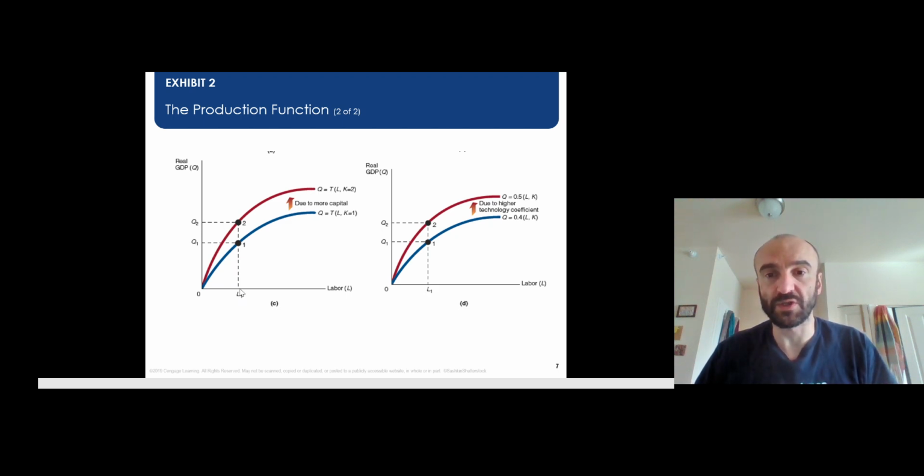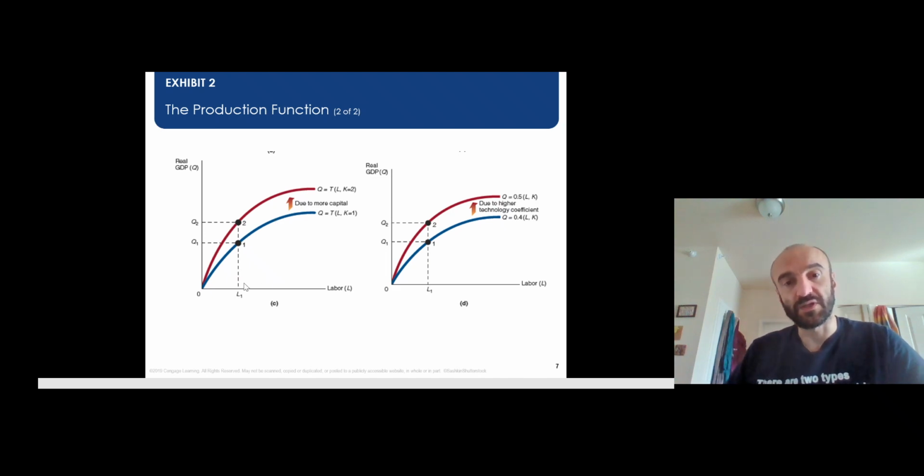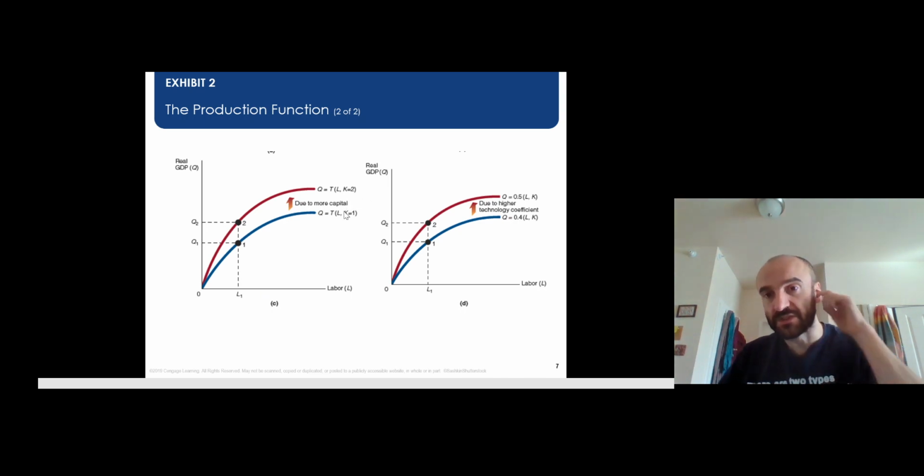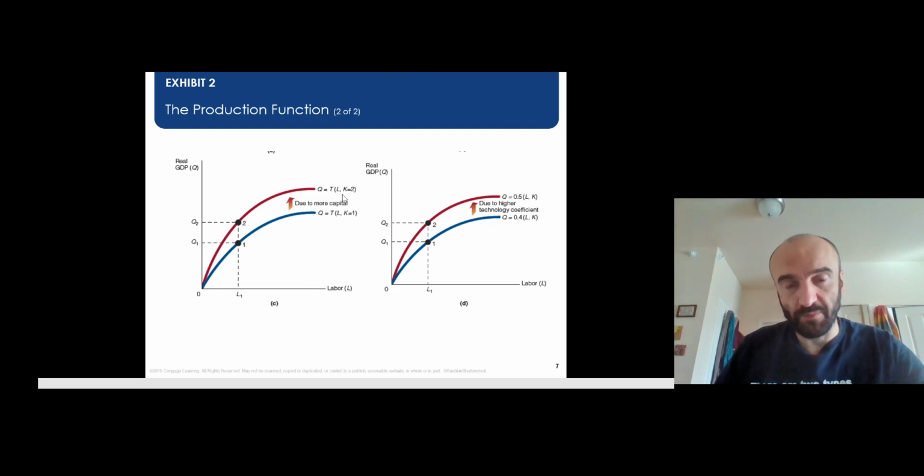So then if you increase from L1 to L2 here, for example, you will be capable of producing more goods on the new higher curve than on the old lower curve. So then you wouldn't need to increase the quantity of labor to have the same amount of output here. Imagine that the quantity of capital goods hasn't changed at all.